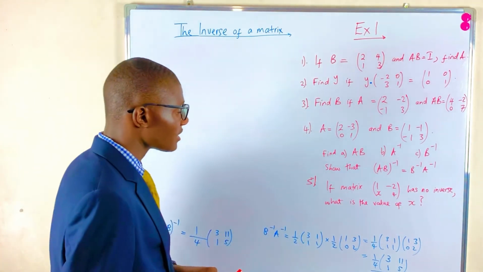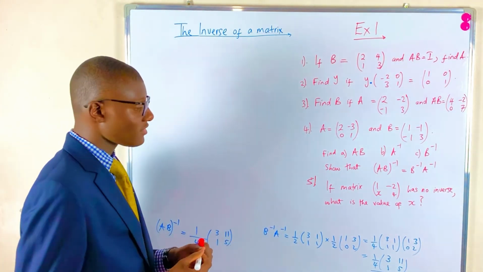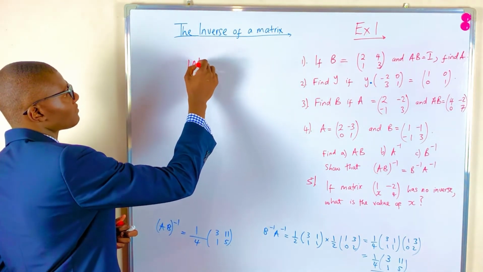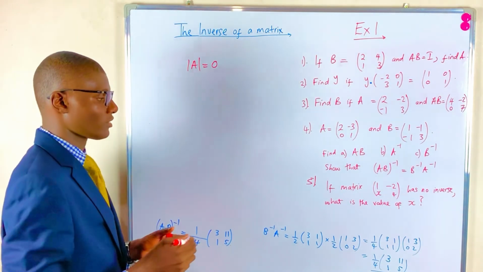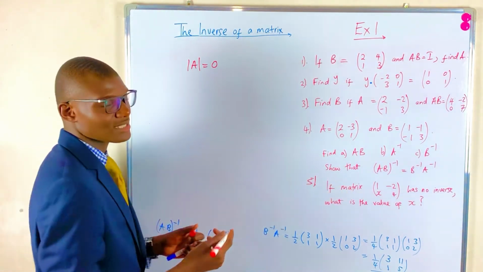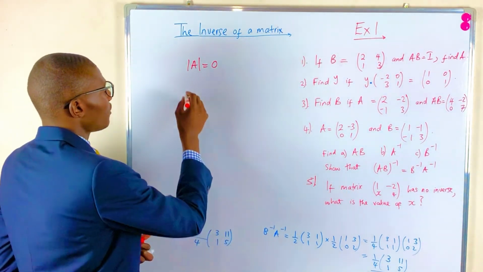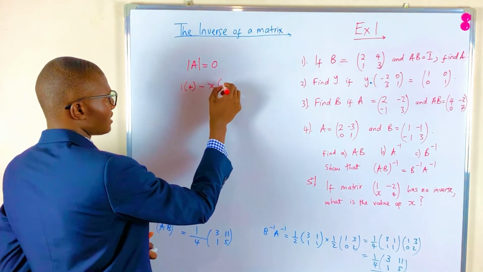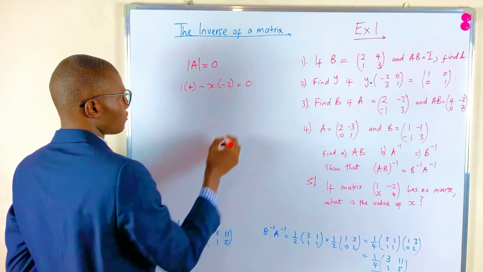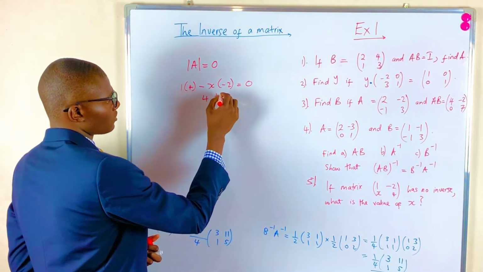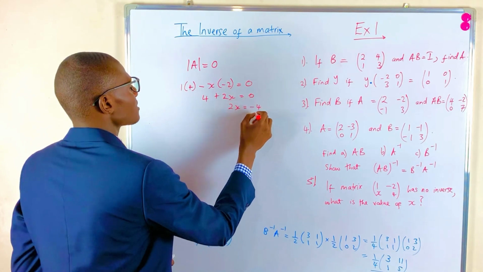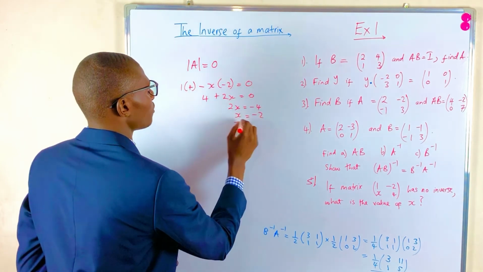If a matrix has no inverse, this implies that the determinant is equal to 0. So 1 times 4 minus x times -2 should be equal to 0, such that 4 plus 2x is equal to 0, and then solving for x, x is equal to -2.